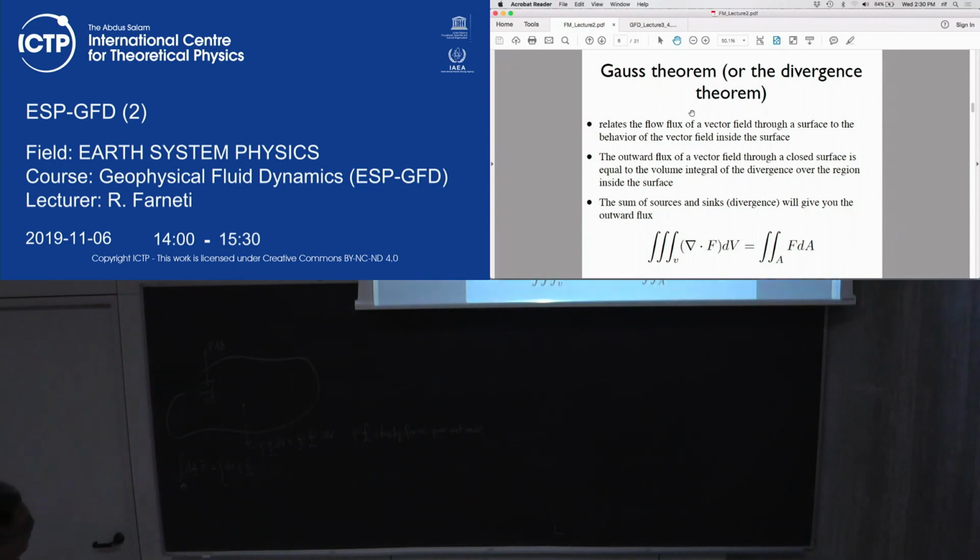I think the body force per unit area is only F. The body force is only F, no. Body force per unit mass. Because if we see the dimension... per unit, sorry, per unit volume. No, it's okay, so I don't have to change it. So in static conditions, the body forces have to be balancing the surface forces, because this is not moving. Now we can use the Gauss theorem.